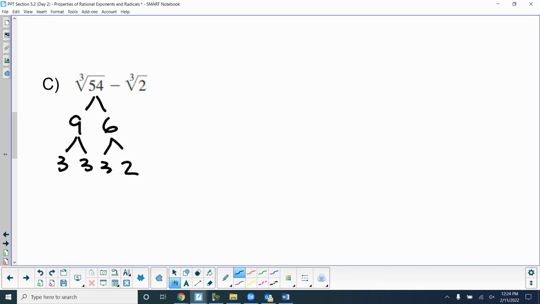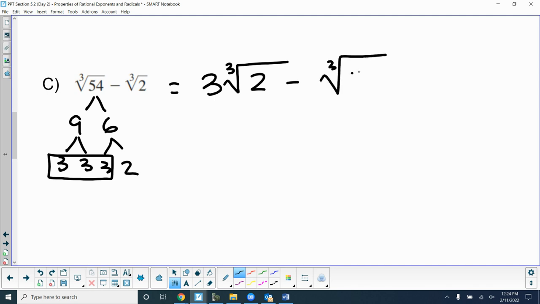So I just did my factor tree. It's a cube root, so I'm looking for a group of 3. Do I have a group of 3 numbers? Yes. So since I have a group of 3 3s, what goes out in front? 1 3, right? So this problem is 3 times the cube root of 2 minus the cube root of 2.